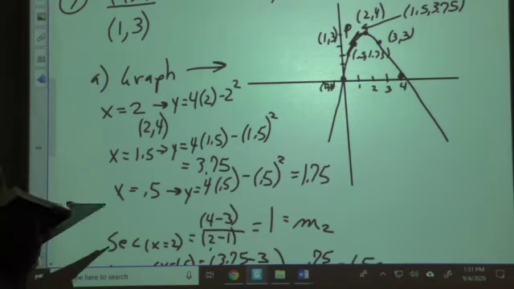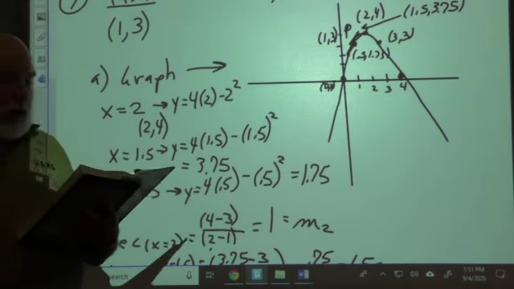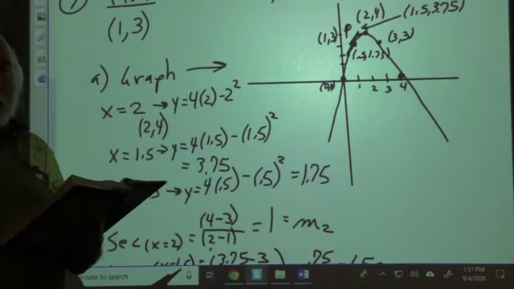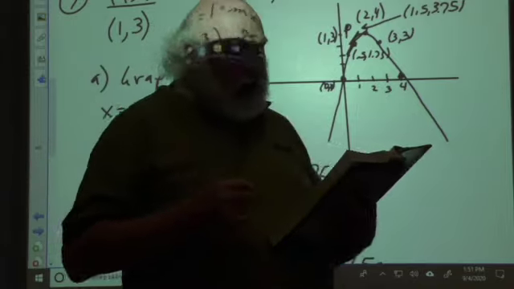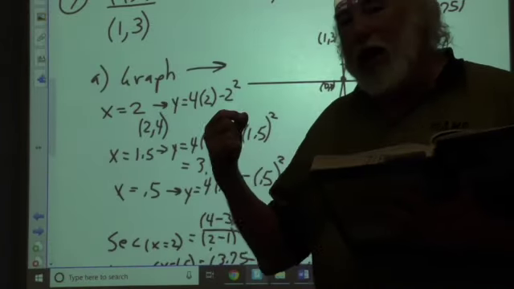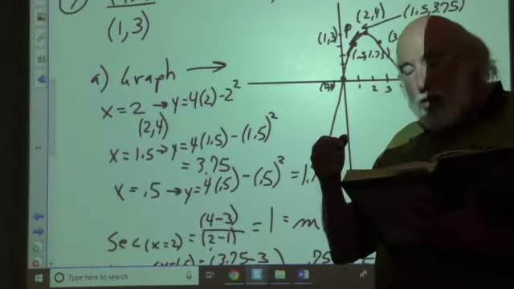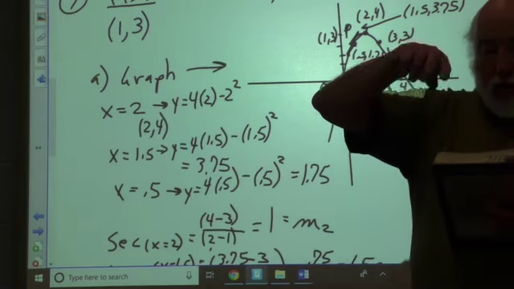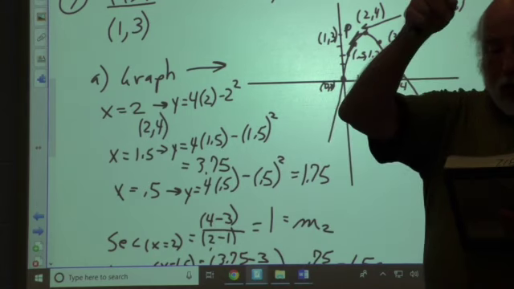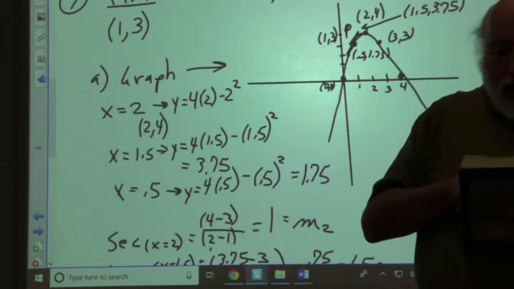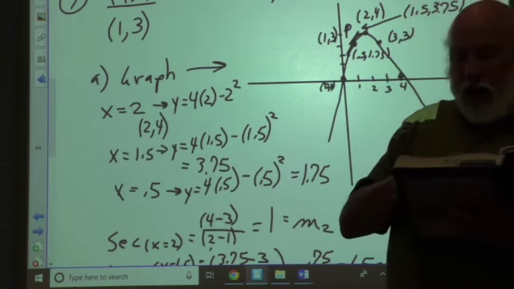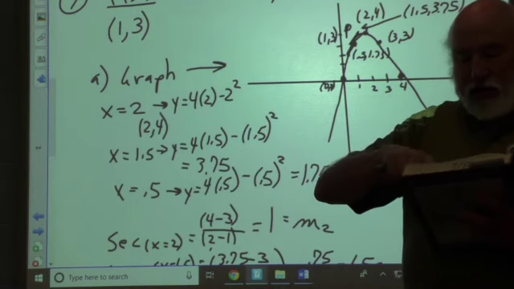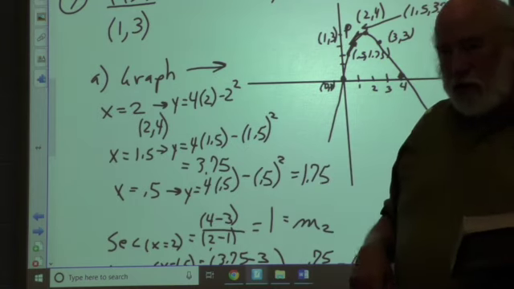Problem number 9 deals with areas. So what they've done here is they've taken a curve and they're estimating the area under the curve from where the 1 is for the x to the x equals 5, the x-axis, and then that little curve right there.